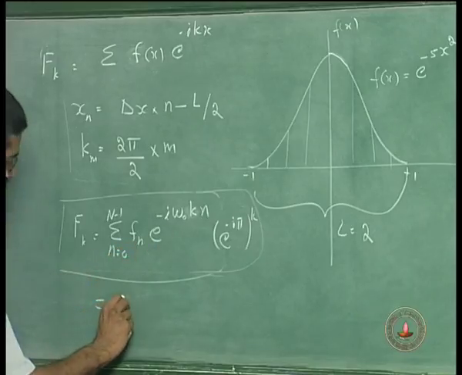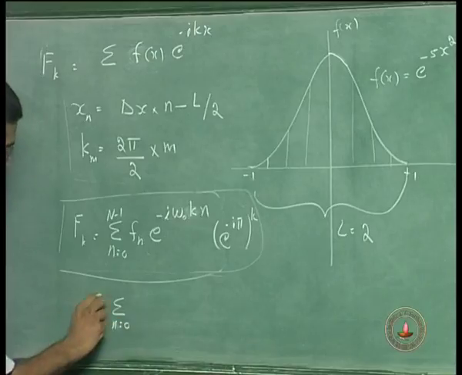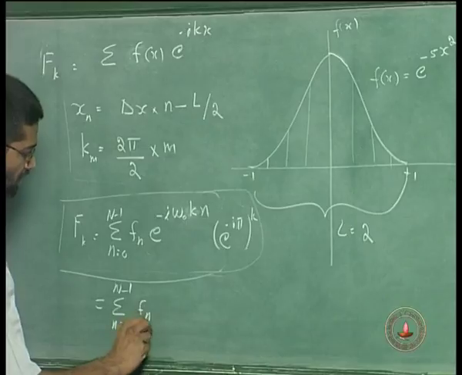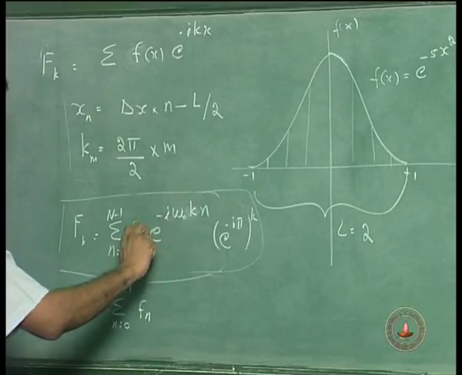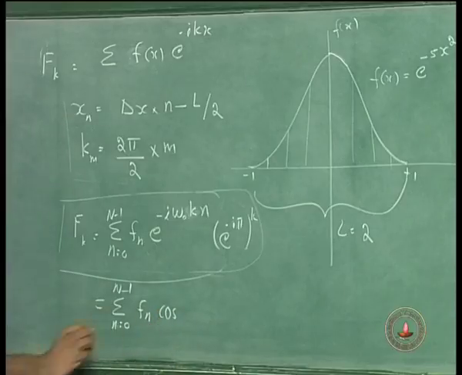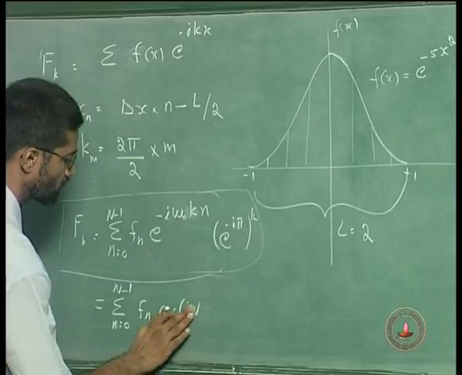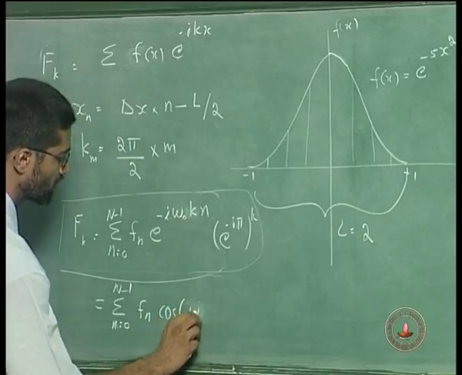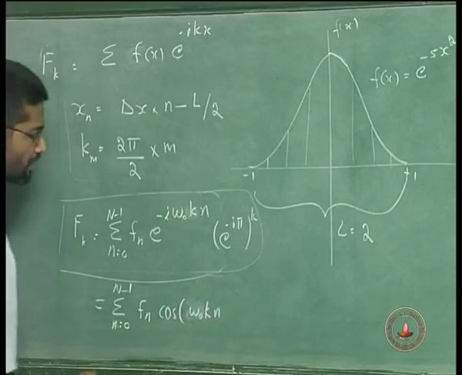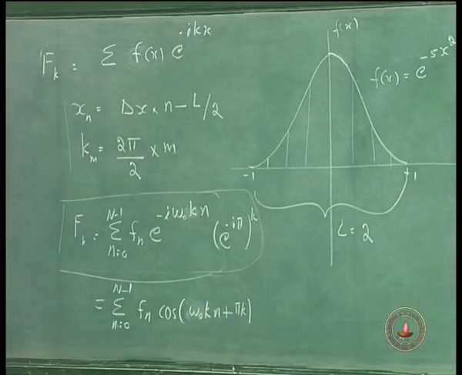I would write this as sigma n equal to 0 to n minus 1 of f n, and now this will be written as cos and sine. So cos of omega naught k n plus pi k. That is what I would have.